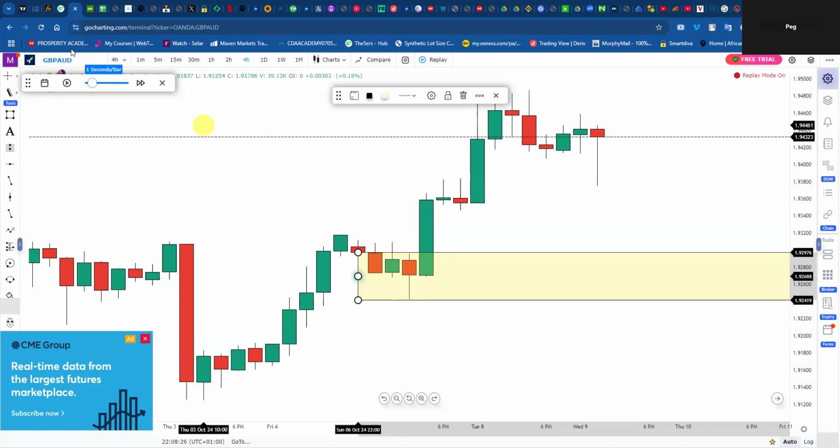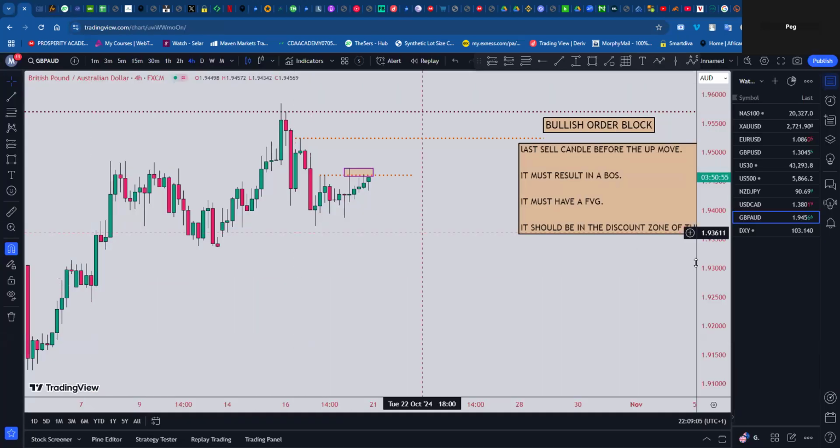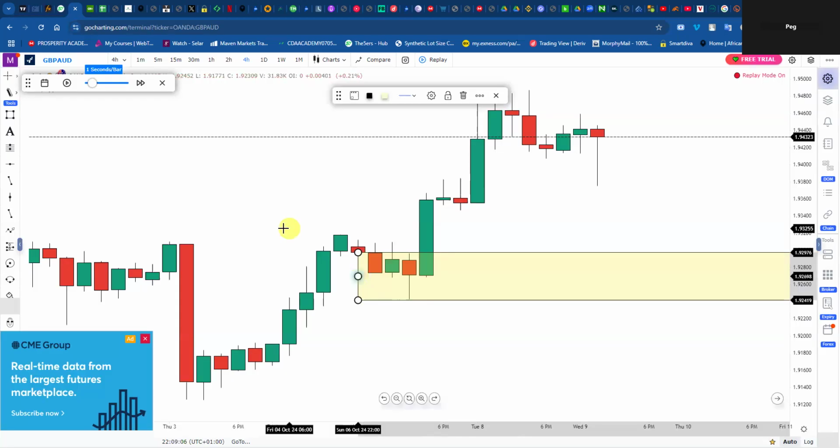You can use GBPAUD. The forex market is a 24-hour market, so it's open already. Your session is New York. It's not open yet, but the Asian session is on now. I can see it counting here. Yes, it's been open now for about 10 minutes. Okay, so I'm going to look for a setup on that pair.